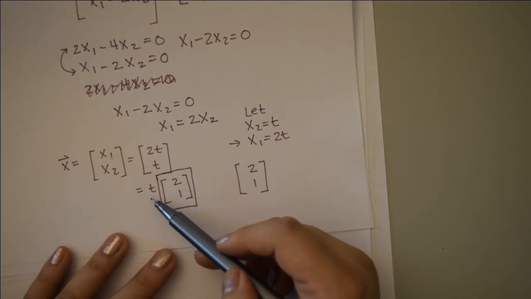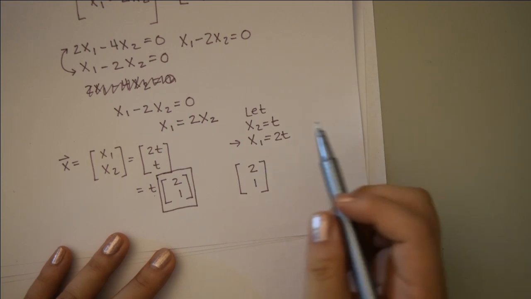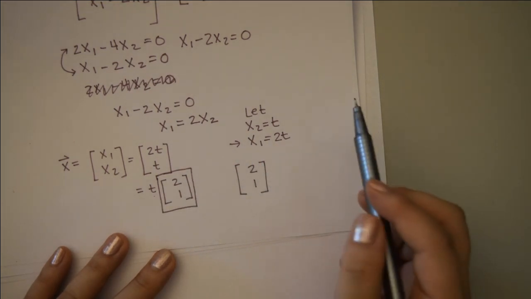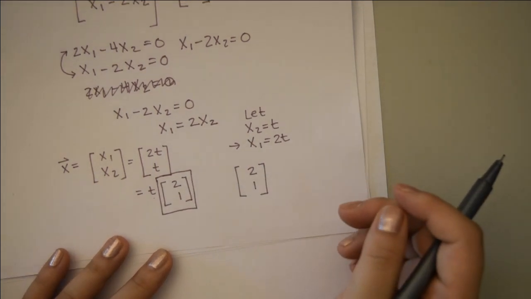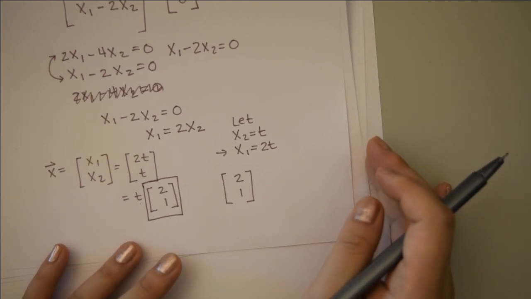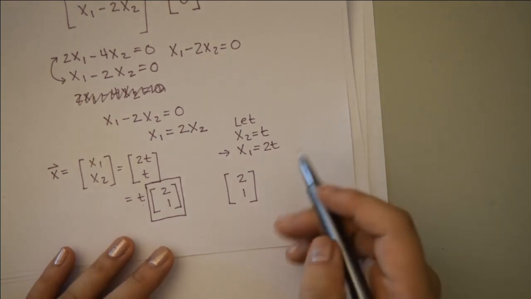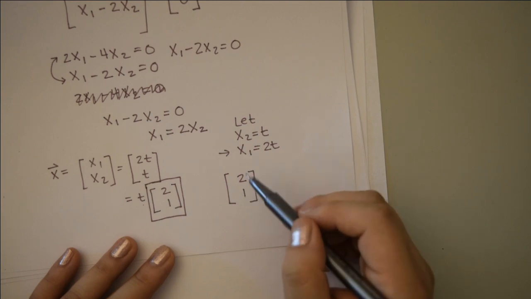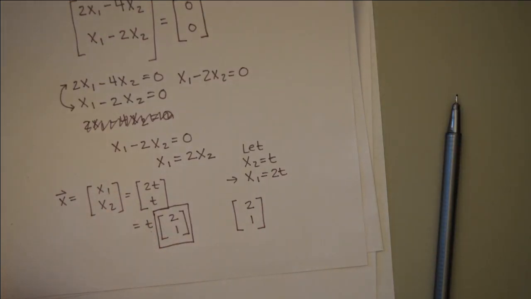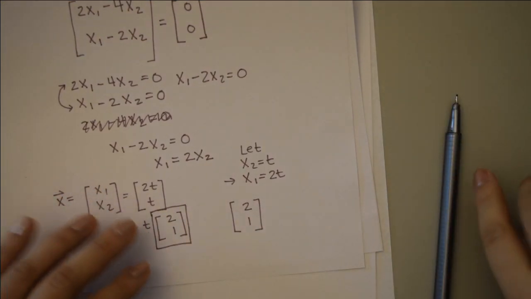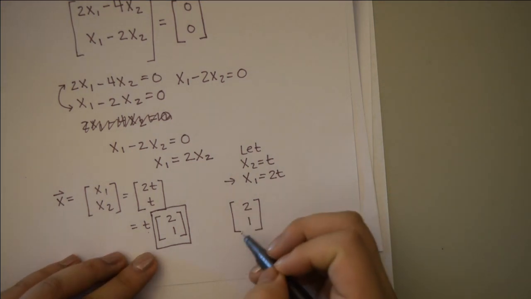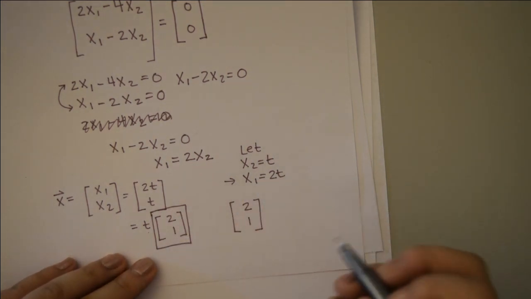The t here is some constant, it's a scalar, and so that's why I can pull it out and just kind of ignore it. Technically, I guess you could include any multiple of 2, 1. So at this point, you can find any multiple. I just took this 2, 1 as an example, and that's why I boxed that.